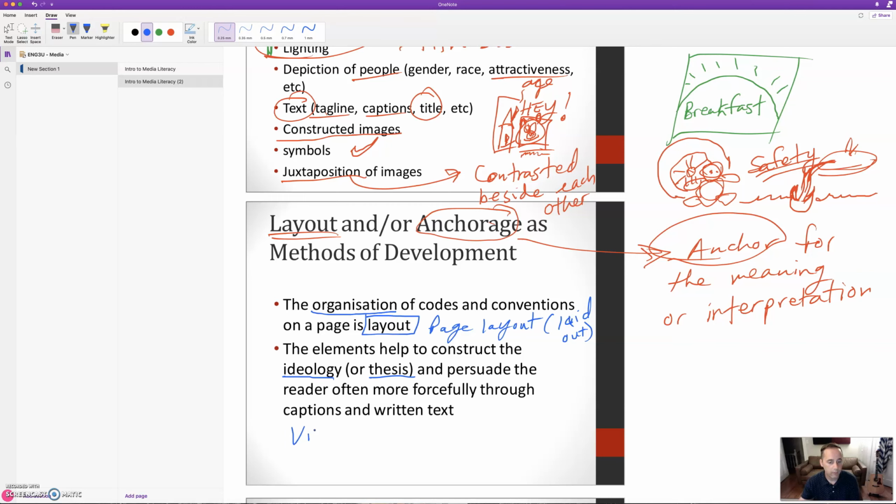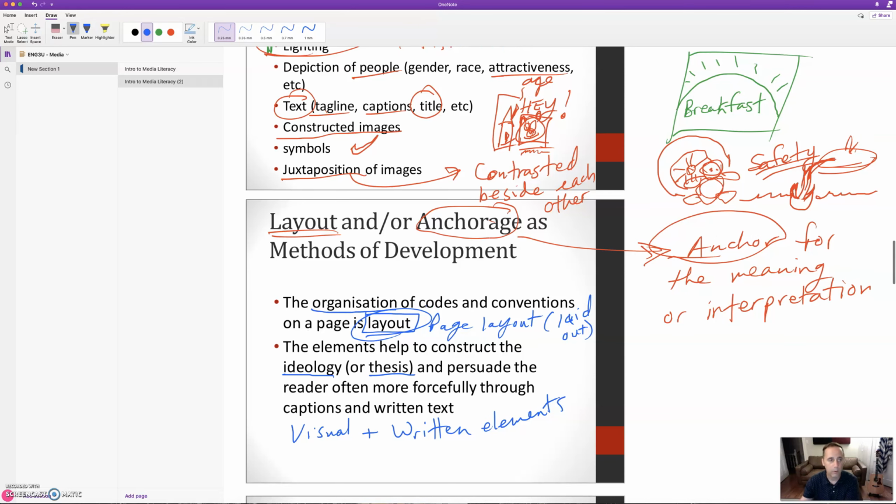Okay, so you want to think about the visual plus the written elements, put them together. How are they laid out? And maybe they're going to focus on some kind of red font, or they want to focus on an image. You want to ask, why did they do that? What are they trying to say?